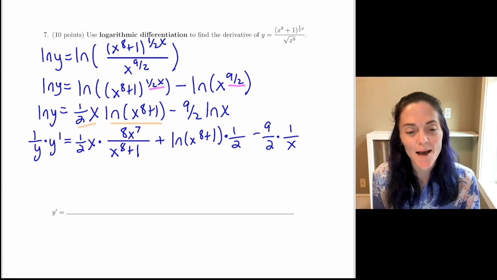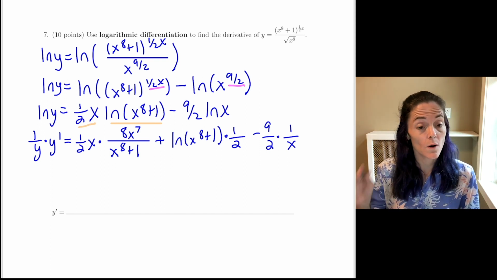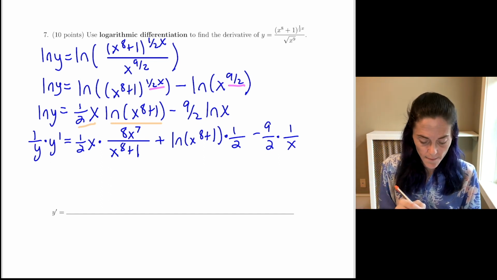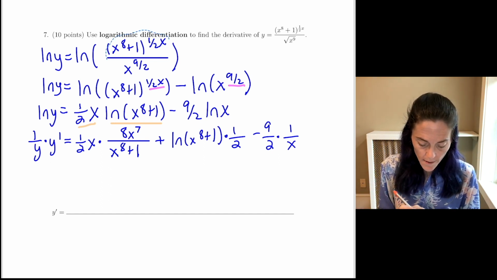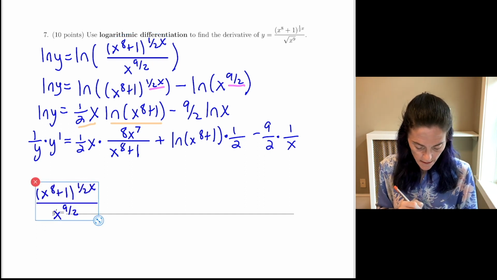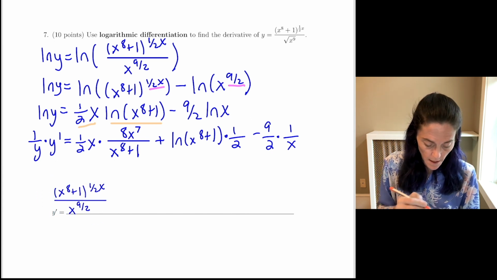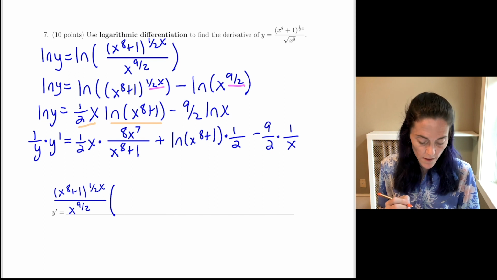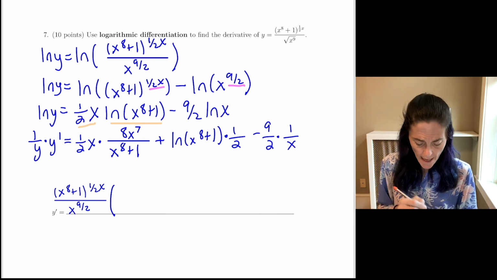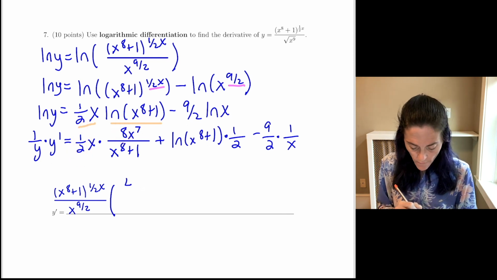The final step, you see we're trying to solve for y prime, so we just multiply through by y. So maybe I will copy y here. Paste, there's y. And then times, we have all of this. Well, maybe I'll write the first term. You see I have 1/2 times an 8, which is a 4. So in my numerator, I have a 4.